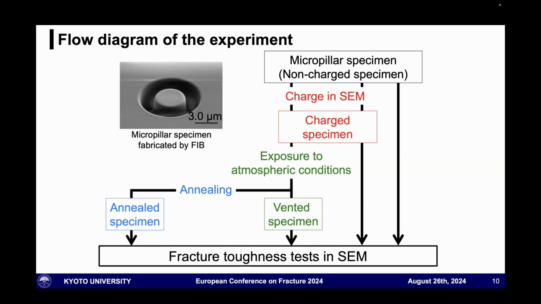Some of the charged specimens were exposed to the atmospheric condition, and they were called vented specimens. Some of the vented specimens were annealed, and they were called annealed specimens. So fracture toughness tests in the SEM were conducted on non-charged, charged, vented, and annealed specimens.